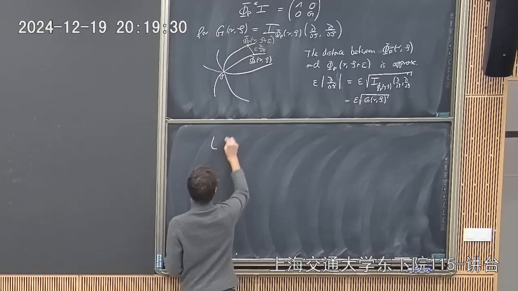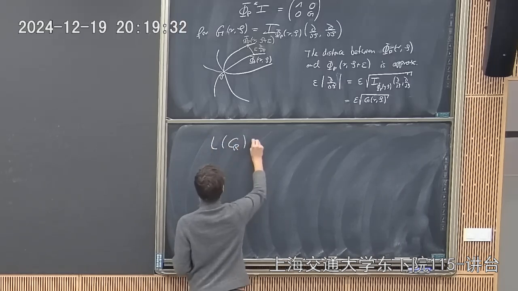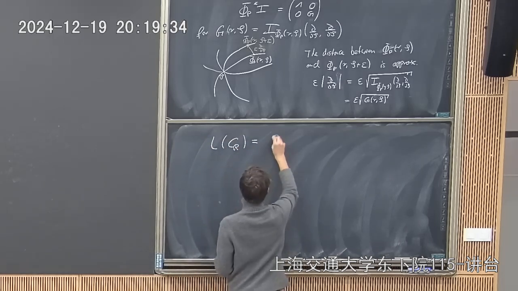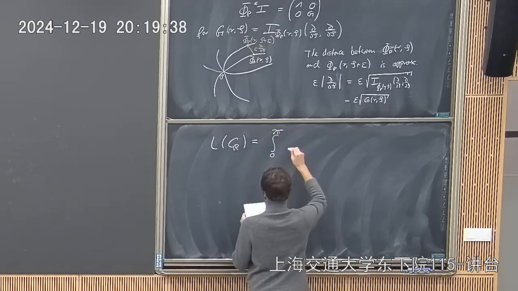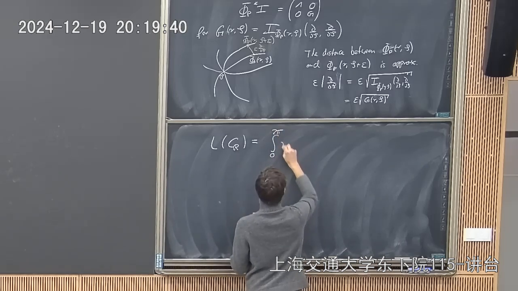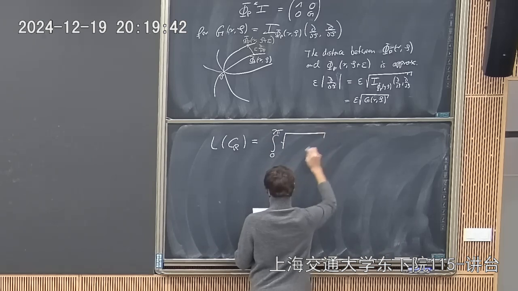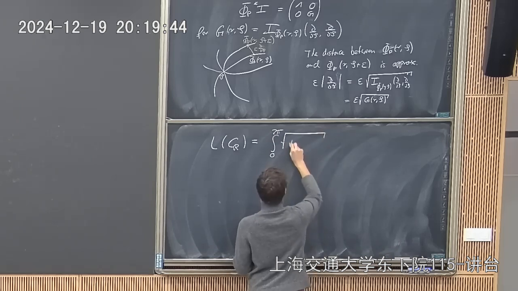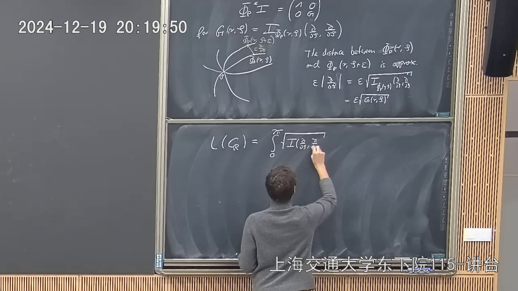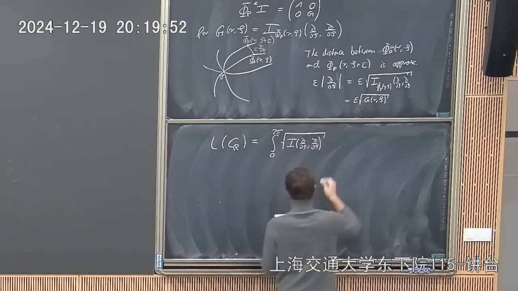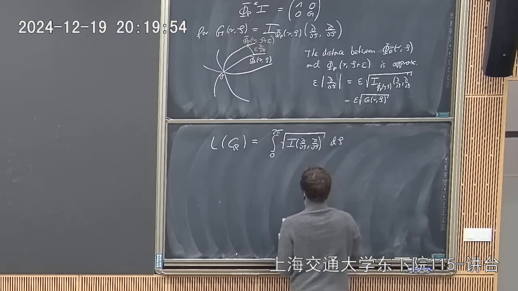So the length of C of r is by definition the integral from 0 to 2 pi of the norm of the tangent vector in the phi direction, which is just the derivative with respect to phi, d phi.